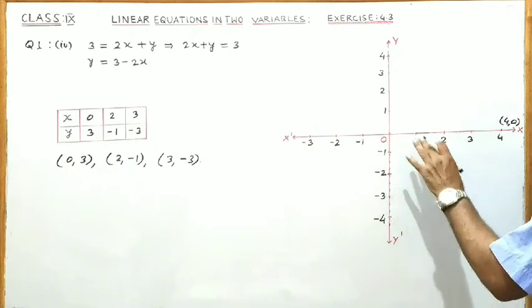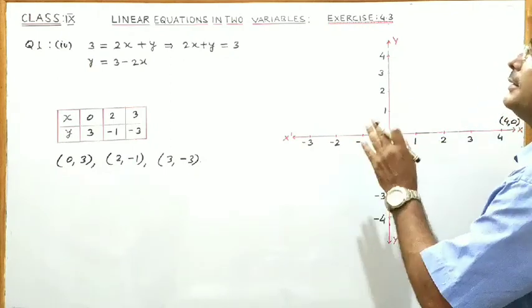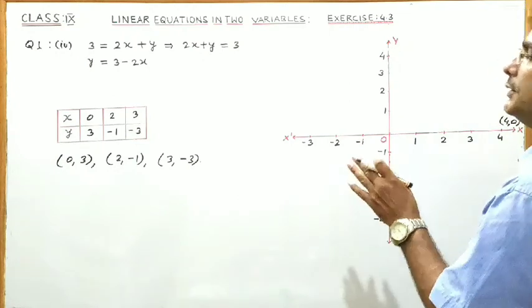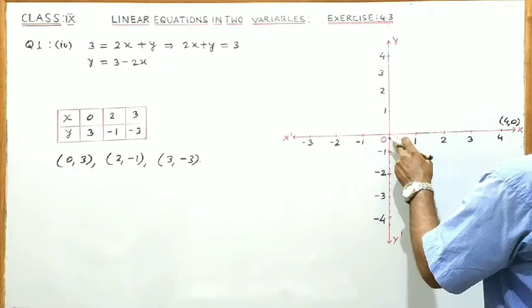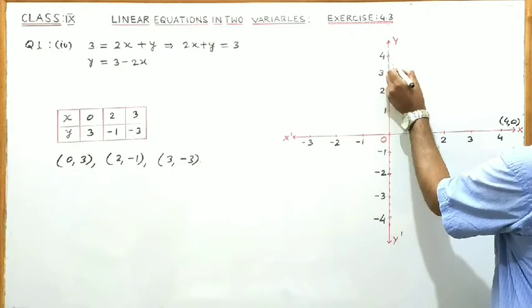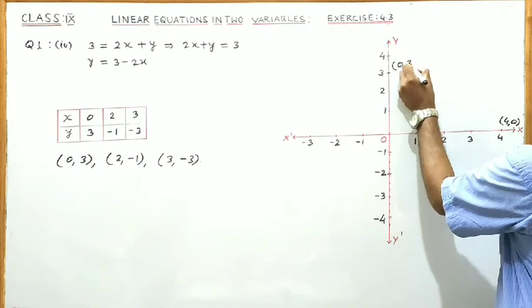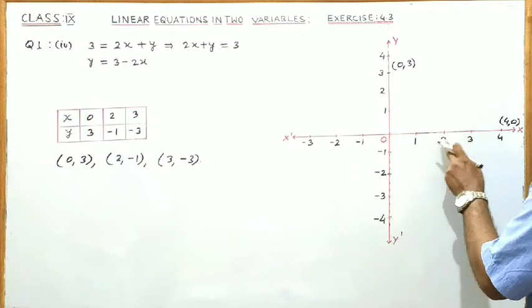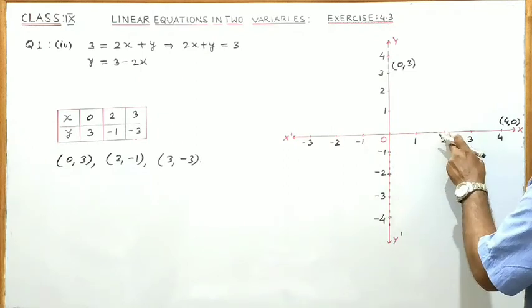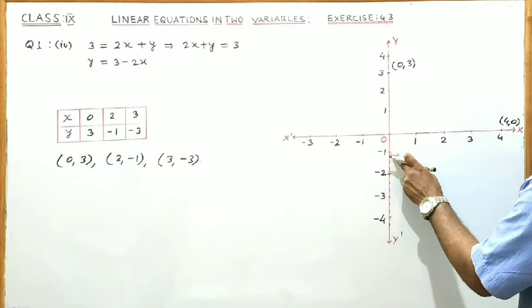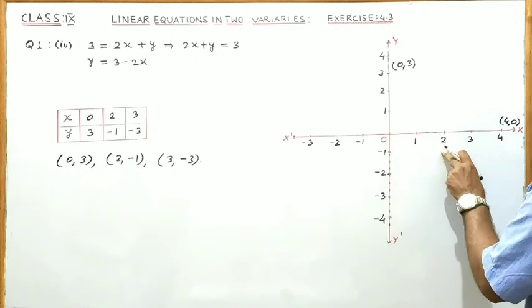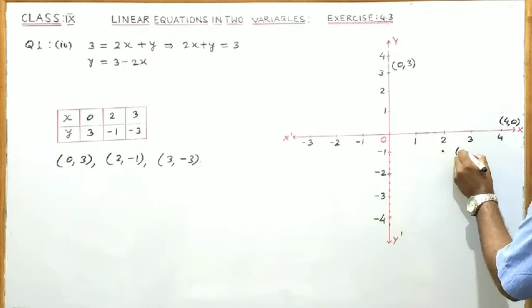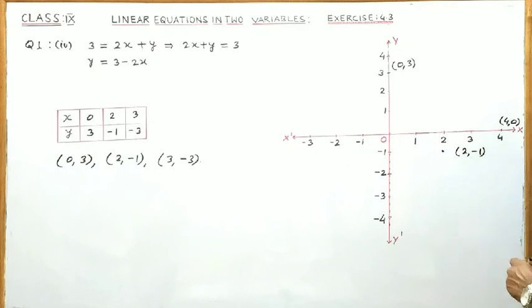So let us plot these 3 given points, 3 solutions of given linear equation on this coordinate plane. (0, 3), x 0, y 3. So this point (0, 3). (2, minus 1), x equal to 2, y equal to minus 1. So this point x equal to 2, y equal to minus 1. So it will be this point. (2, minus 1).